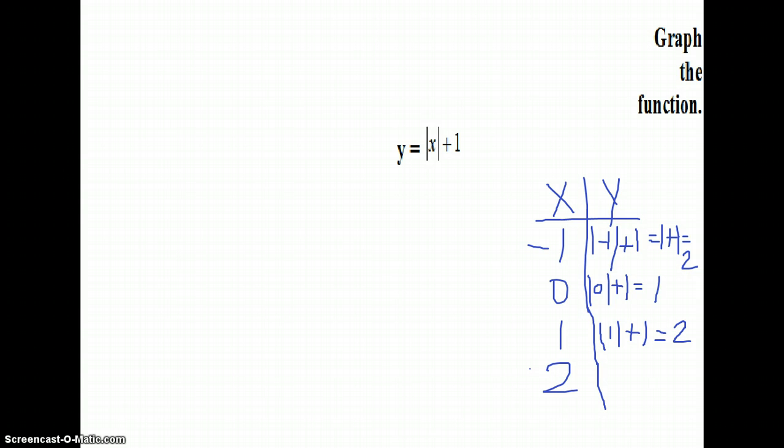And let's, instead of positive 2, let's pick another negative number. If we plug in negative 2 in place of x, absolute value of negative 2 is still 2, plus 1 will give us 3.